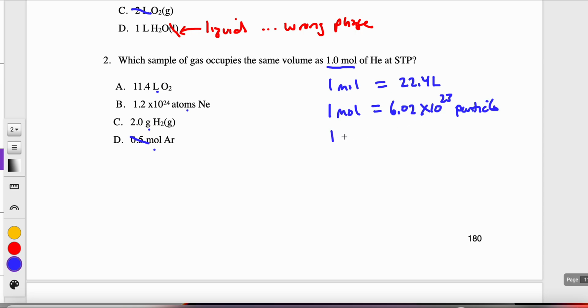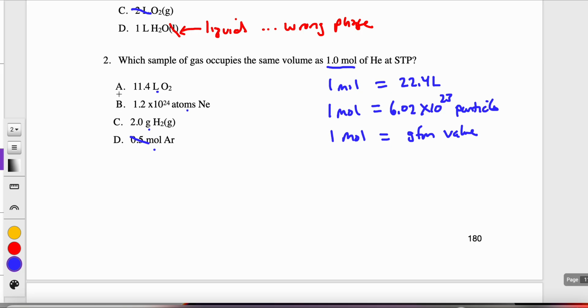And 1 mole of any substance, if we put it on a digital balance, will have a mass that is equal to the GFM, the gram formula mass value of that sample.